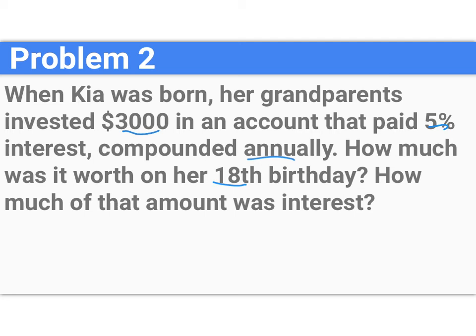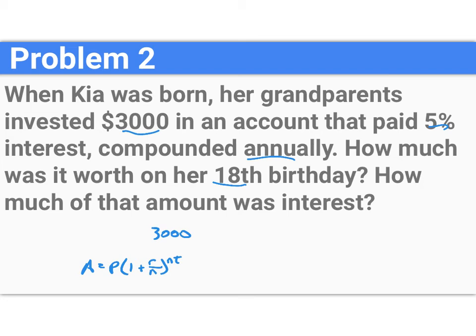All right, so here we go. 3,000. I'm using A equals the principal, 1 plus the rate over the number of compounds, times the time.